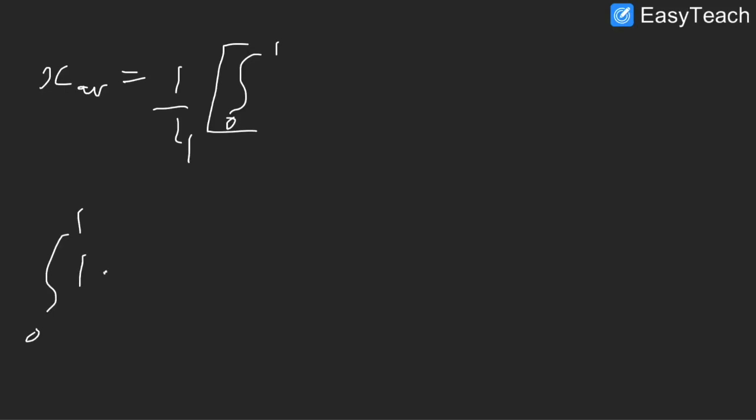Real quick math lesson here. The way to integrate this is that 1 comes outside, and then the integral of dt is just t, going from 0 to 1. So this is 1 minus 0, and that is just 1. Okay, so that was a really quick math lesson.